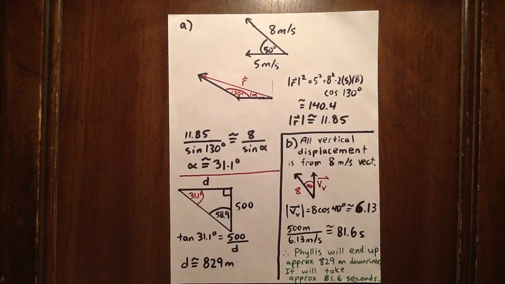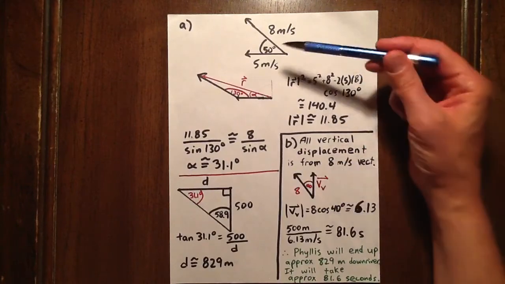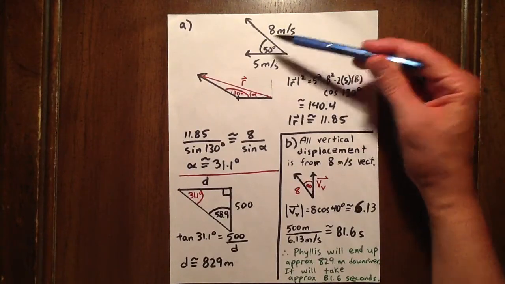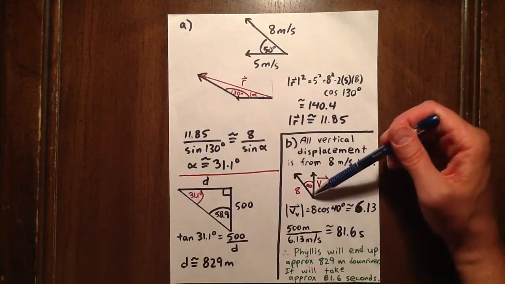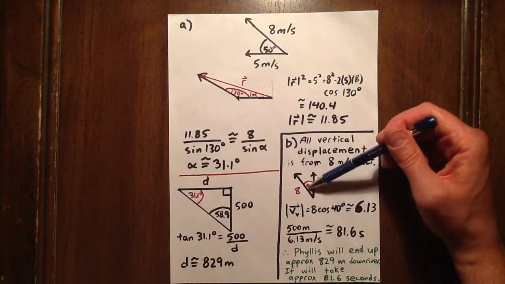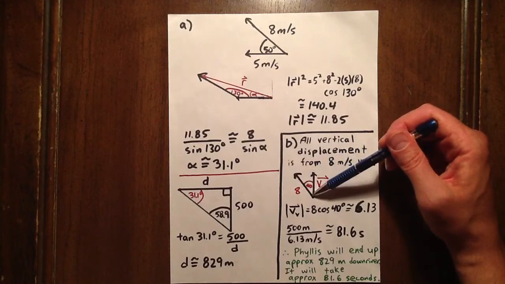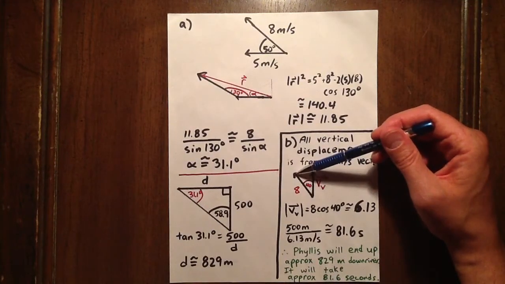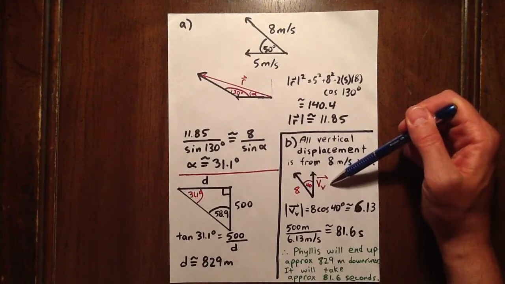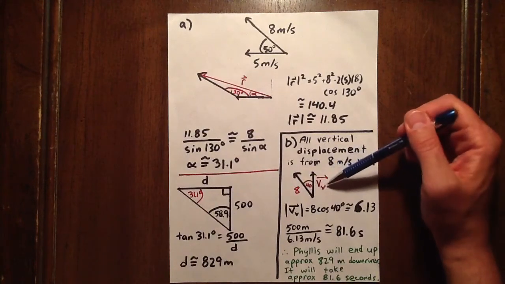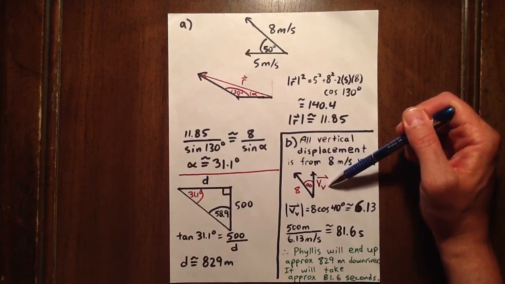So what we're going to do is, since the angles are at 50 degrees to each other, we're going to figure out how much of that 8 meters per second gets a person vertically. So what we can do is set up this triangle here.